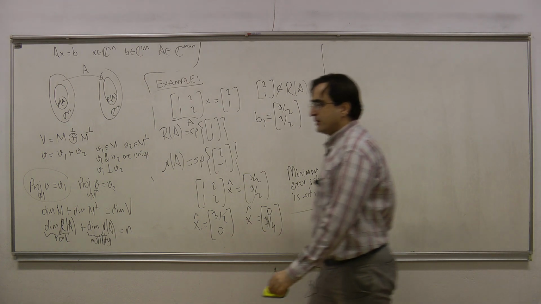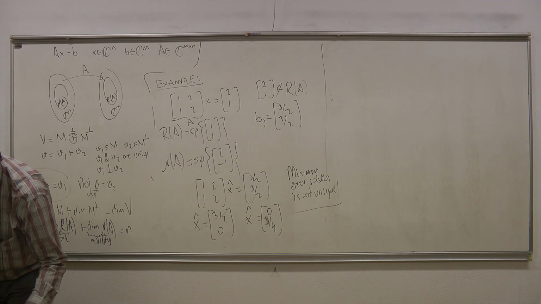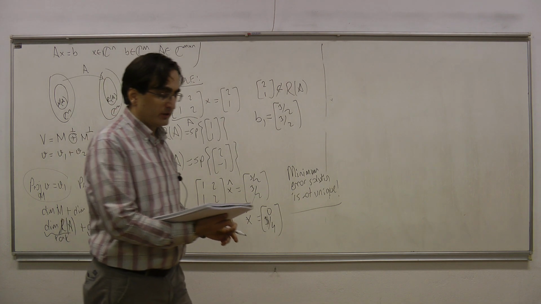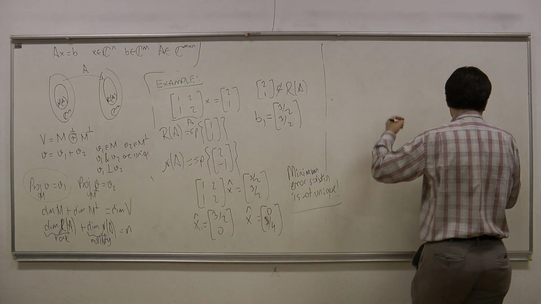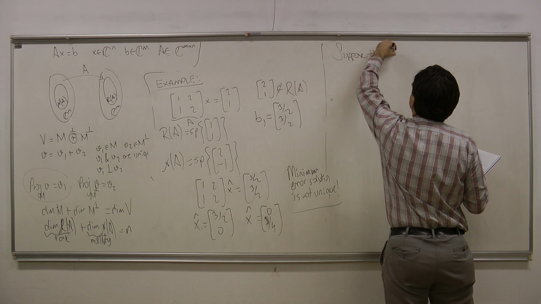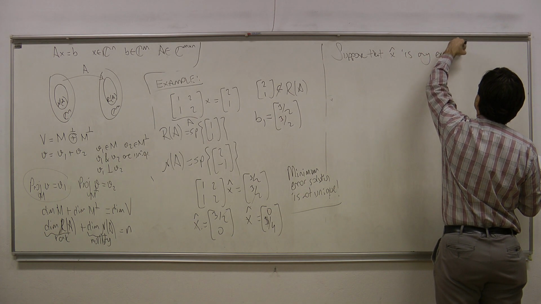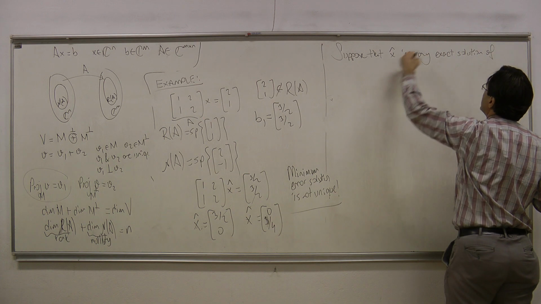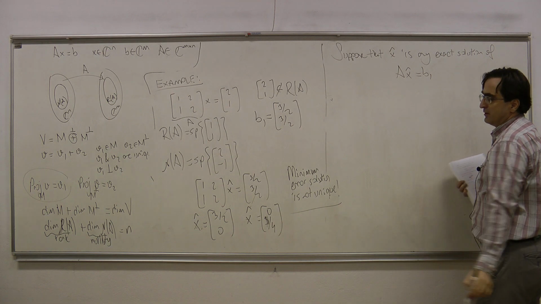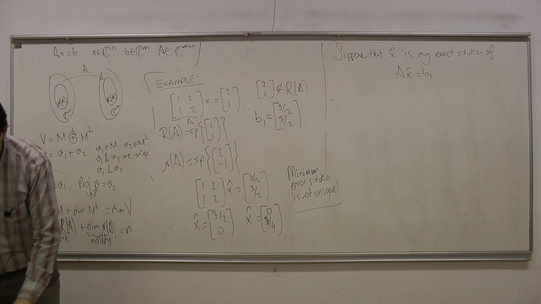So now we finished the issue of existence of solutions, and we have seen how we can find an approximate solution. And now we're going to solve the uniqueness issue. Suppose that X hat is any exact solution of A X hat is equal to B. Here I can put B1, it really doesn't matter.